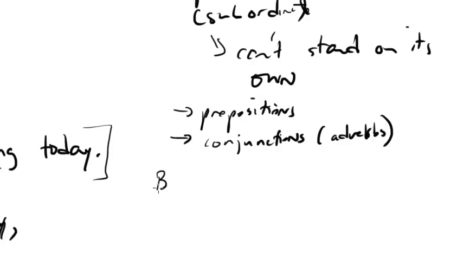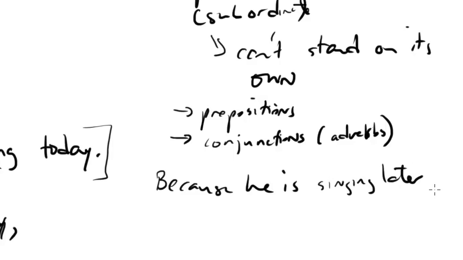So an example would be, because he is singing later. Notice this is not an independent clause. Even though we've got a subject and a verb, this can't stand by itself. I can't put a period here and leave it as a complete sentence. This would be a fragment if I did.